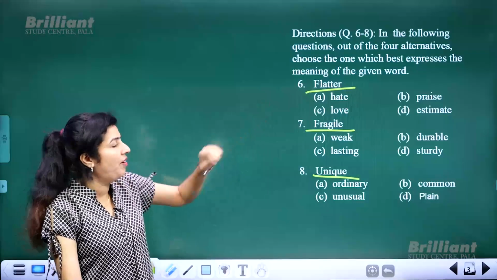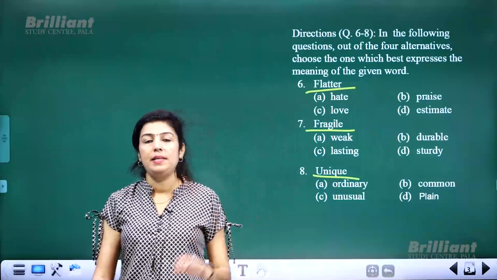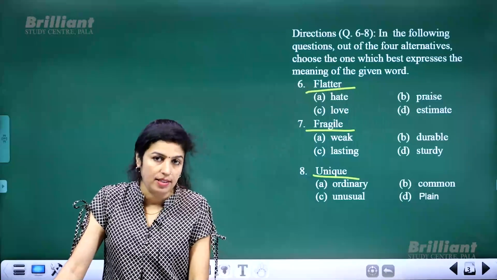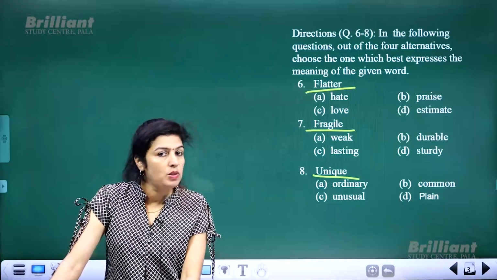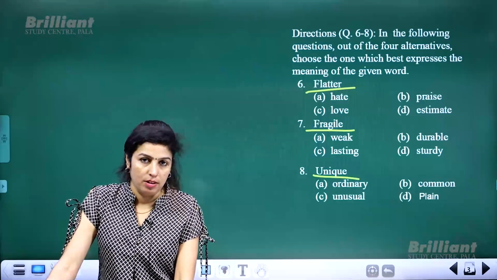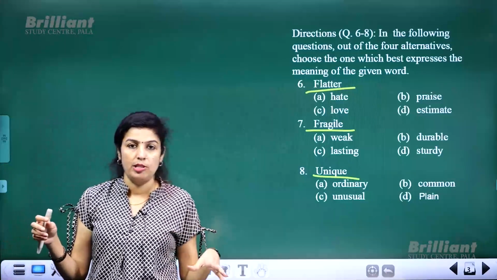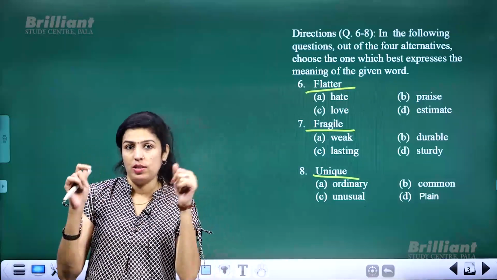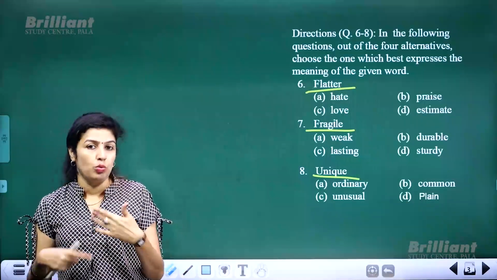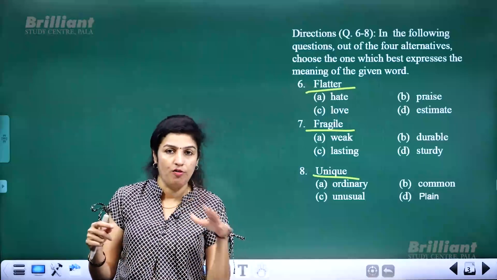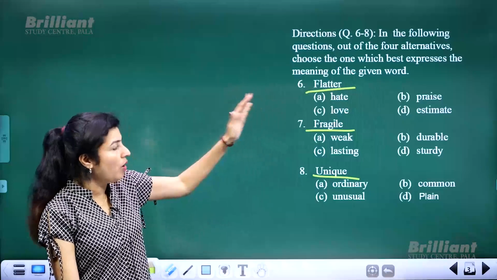The first one is flatter, a very simple word which we often use in our language, and you know what flattery is, right? Flattery means you praise a person. You use those butter coated, sugar coated words, and then you give compliment after compliment, you shower a lot of praises. That is what you call flatter.